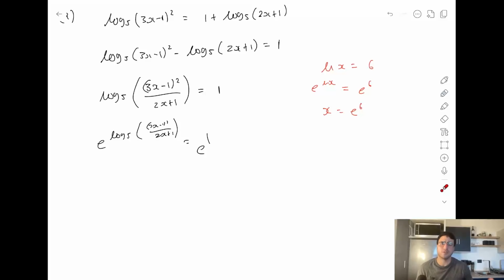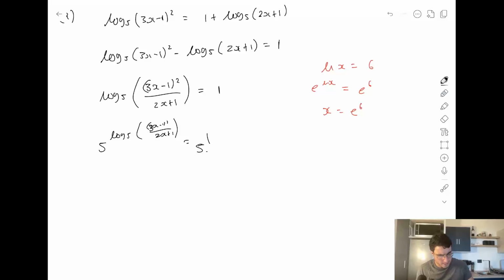So what can I raise it to that's going to simplify this question? Well, what I can raise it to is 5. Okay, I can raise it to 5. Why?